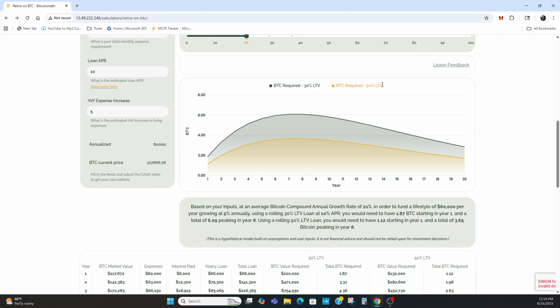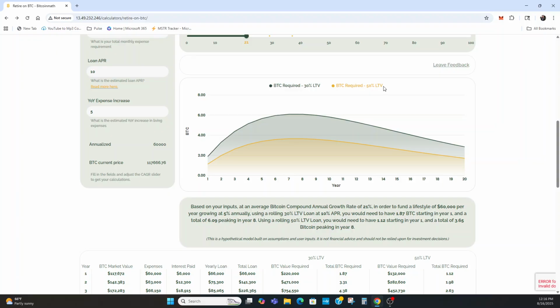Similarly, with a 50% loan to value, with that same $1 million in Bitcoin assets, you would have a $500,000 loan against that same $1 million in Bitcoin value.